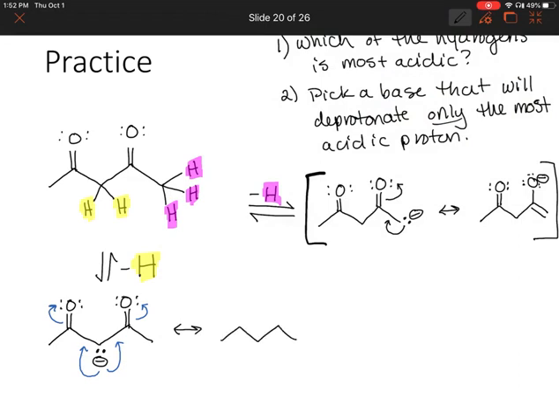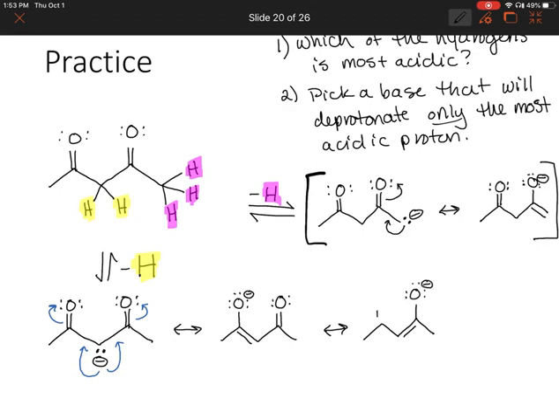If we move the lone pair over to the left, we get this structure. And if we move the lone pair to the right, we get this structure.